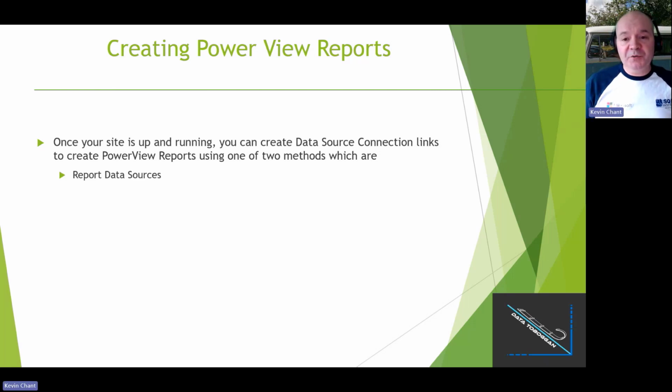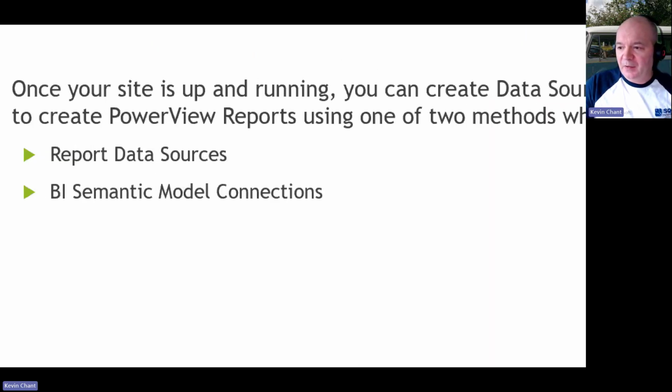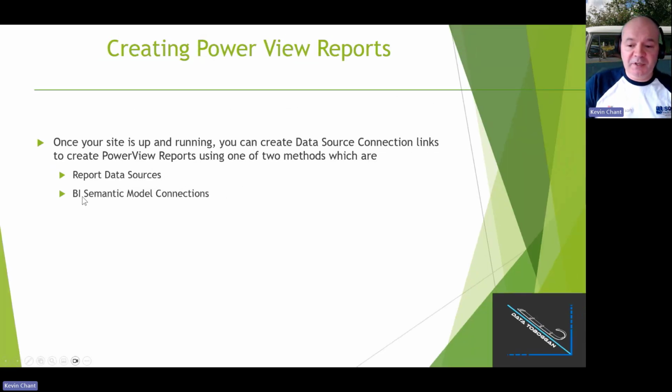So once your SharePoint site is up and running, you can create links to work with Power View reports using either report data sources or BI semantic model connections. So BI semantic model connections is a newer method. I will talk a bit more about that in a minute.